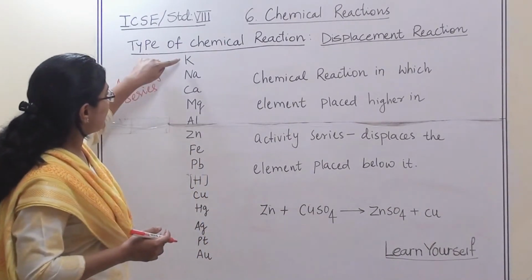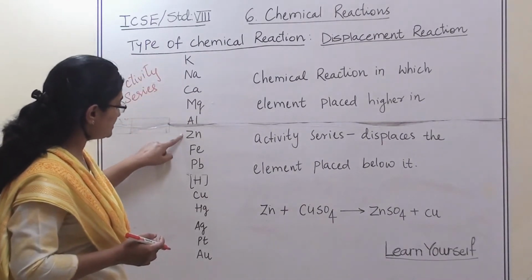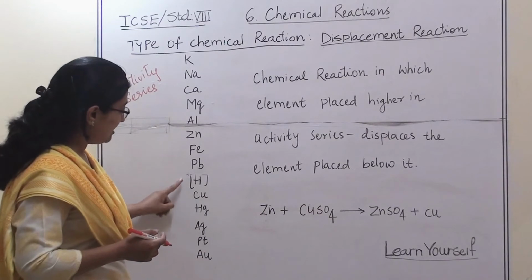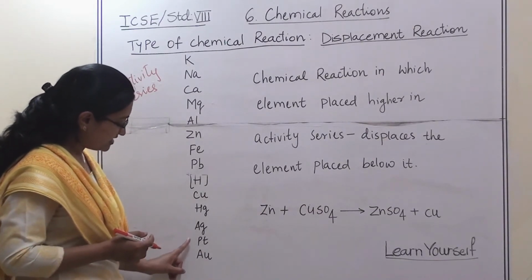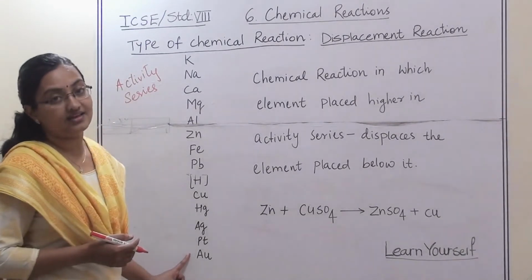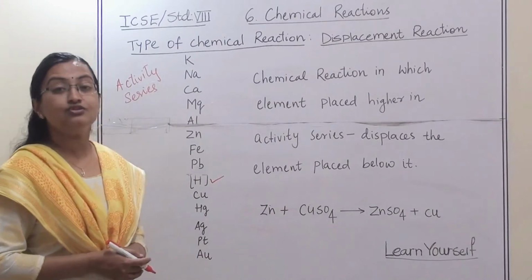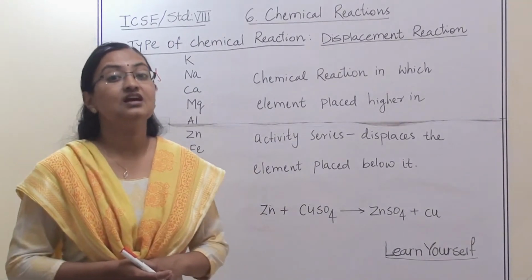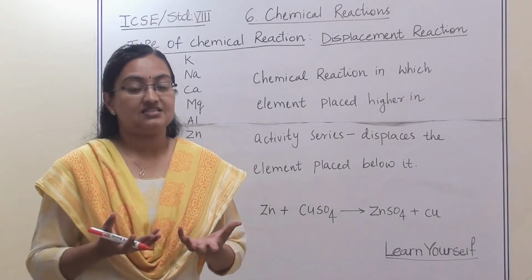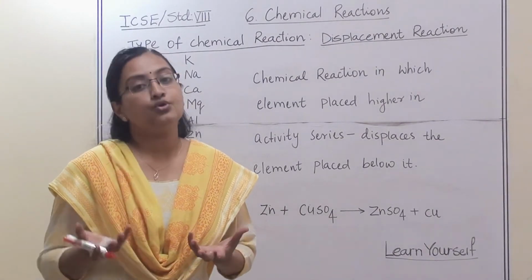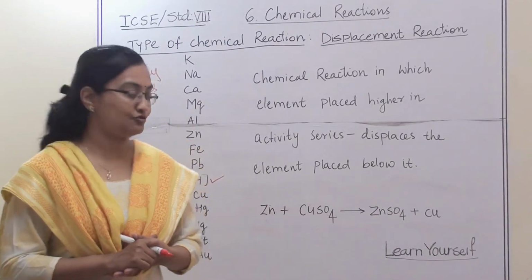If you can see here, potassium, sodium, calcium, magnesium, aluminium, zinc, iron, lead, hydrogen, copper, mercury, silver, platinum and gold are there. Hydrogen is also there, even though hydrogen is a gas, because hydrogen acts as a metal or proton donor. So scientists have given a place to hydrogen also.